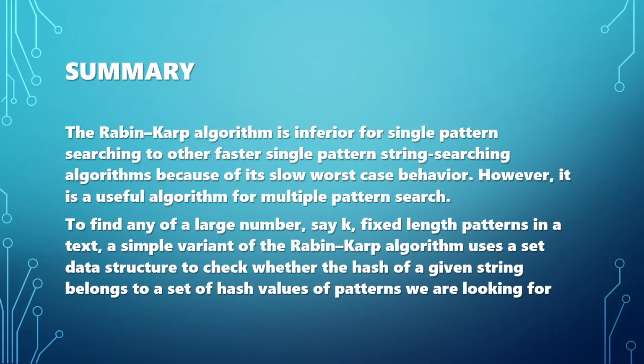This set contains all the patterns, all the hashes, and instead of checking whether the current hash is equal to the one we need to find, we just check whether the current hash is contained in the hash table or hash set. If it is true, we just add it to the results. That is great.